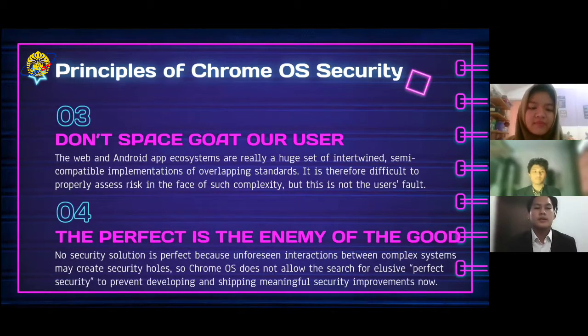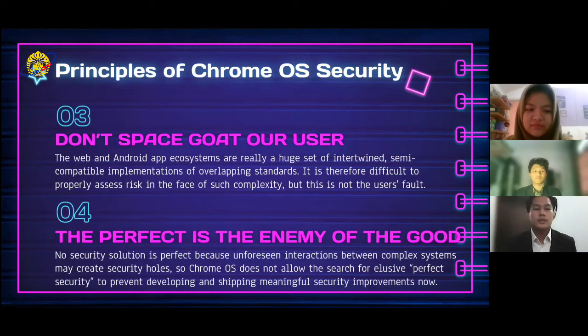Third is don't scapegoat our user. The web and Android app ecosystem are a really huge set of intertwined, semi-compatible implementations of overlapping standards. It is therefore difficult to properly assess risk in the face of such complexity. But this is not the user's fault.